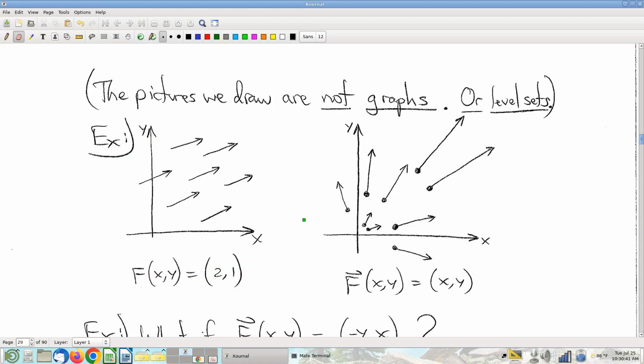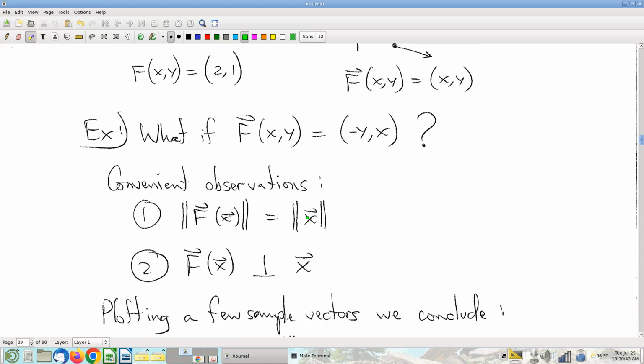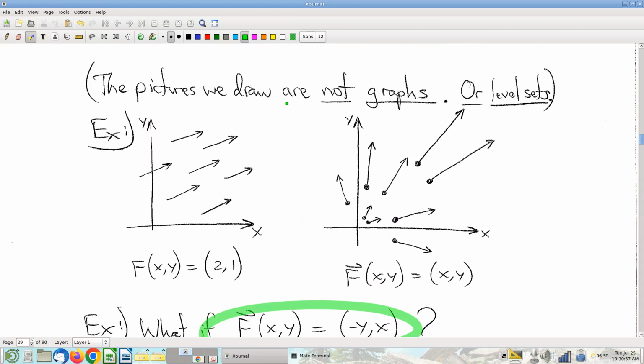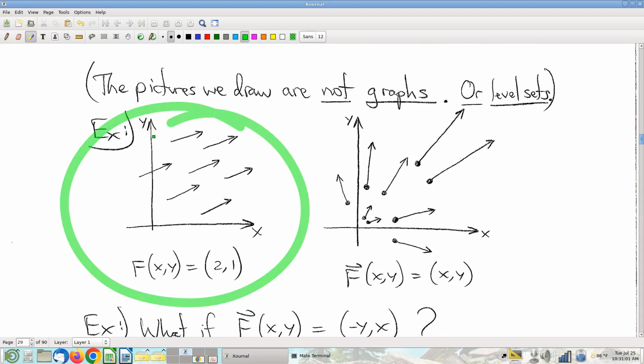Okay. Now, just to get some victories on the board. Here is another vector field. This one's kind of a freebie, right? I got ahead of myself, didn't I? You notice all the field vectors are (2, 1). So same vector at every point.